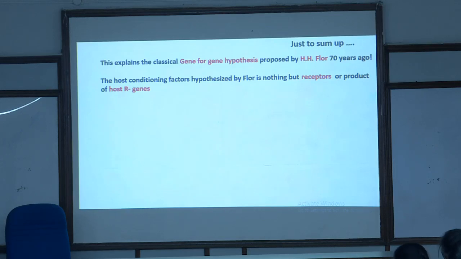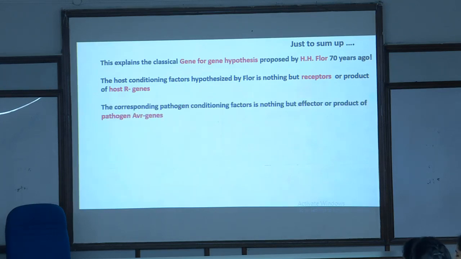He said something like host conditioning factors. For resistance, he used the terminology host conditioning factors. And on the pathogen side, he again said pathogen conditioning factors. The host conditioning factors hypothesized by Flor are nothing but the receptors, or functional R proteins, or functional R genes, whatever, right? Or products of host R genes.